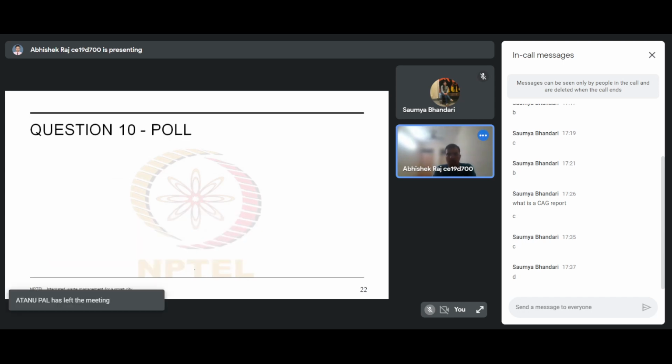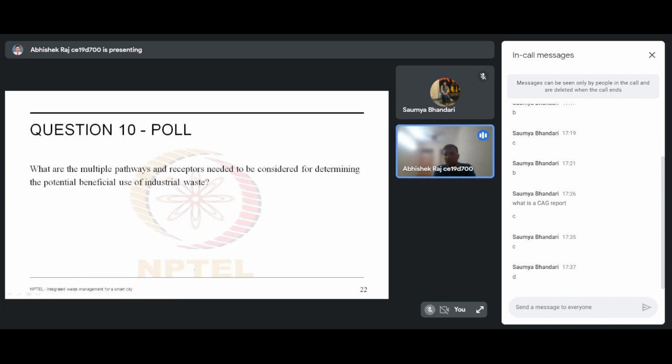Question number 10. This is a poll. What are the multiple pathways and receptors needed to be considered for determining the potential beneficial use of industrial waste? Direct human exposure, biodegradability, toxicity, and impact on the ecosystems. Can we have some response for this? Okay, so we have one response.